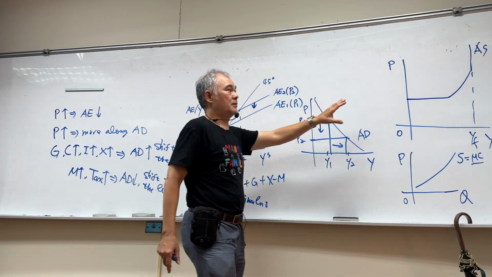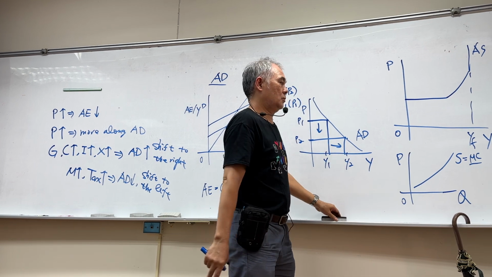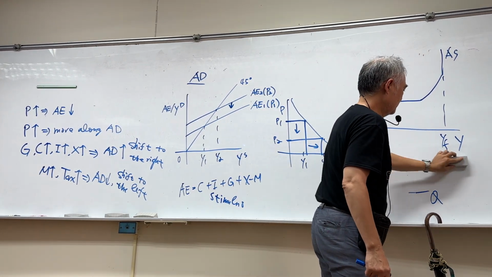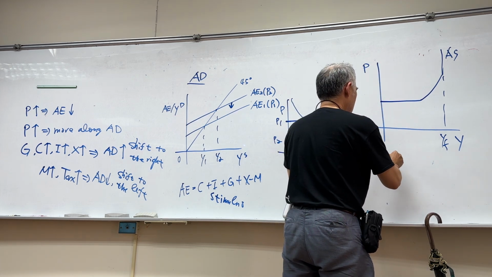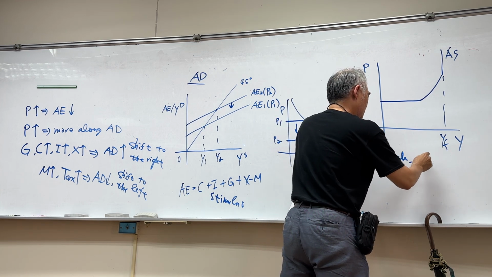So then what about the aggregate supply curve? There are basically two factors that will affect the aggregate supply curve. One is technology, and the other is cost.